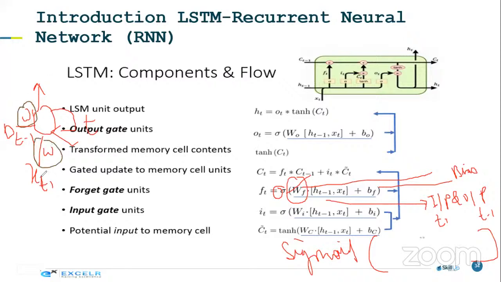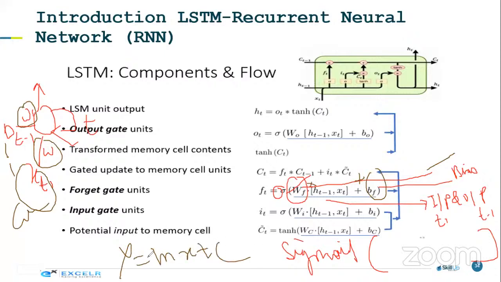Two kinds of weights are there, and the output of the previous one and the input are getting concatenated, that is what we've seen, and we're doing a multiplication operation over here. That's why you can see multiplication over here. And plus we are trying to add the biases. That's it. Weights and biases. How does this look? y equals mx plus c, right? Weights and biases.